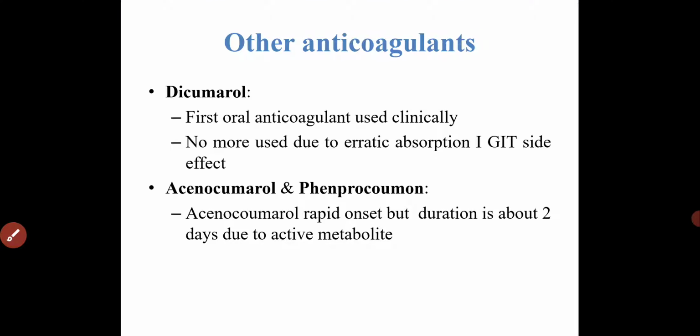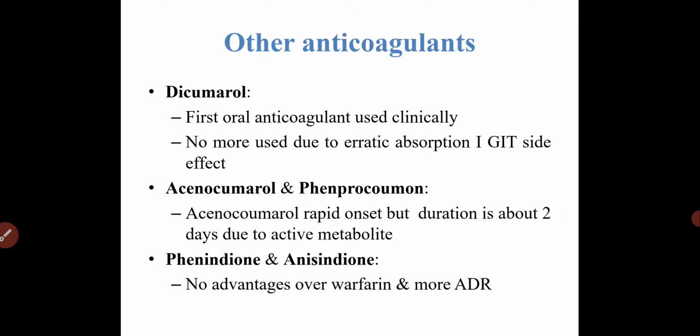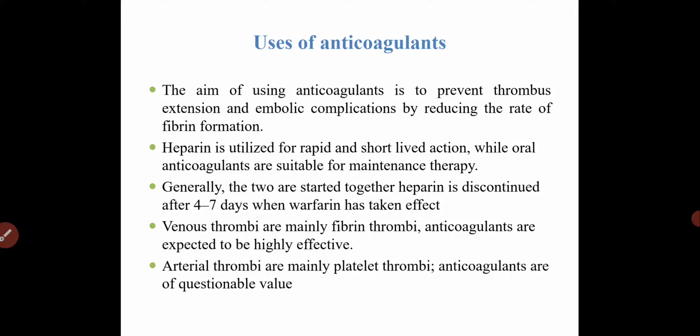Others are acenocoumarol and phenprocoumon, then phenindione and anisindione. So let's see the use of these anticoagulants. Heparin, warfarin, or other newer drugs are ultimately useful in venous thrombus or thromboembolic complications.